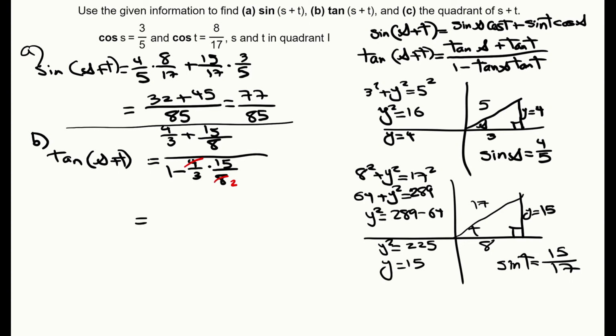So we have 4/3 plus 15 over 8 over 1. By the way, we have more simplification we can do here. Those two leave me 5. So 1 minus 5 over 2.